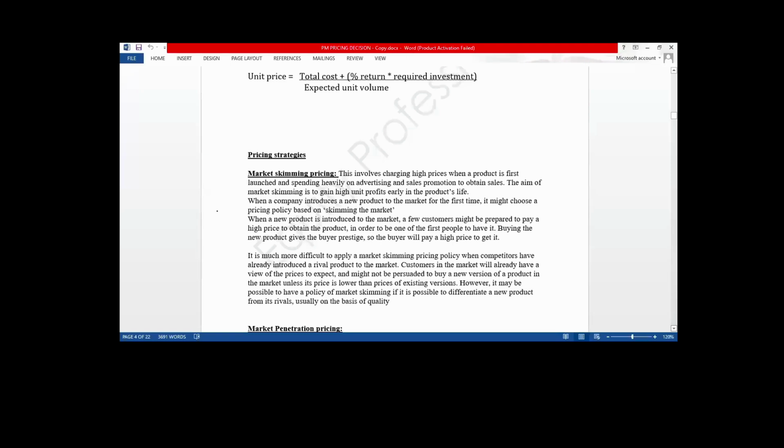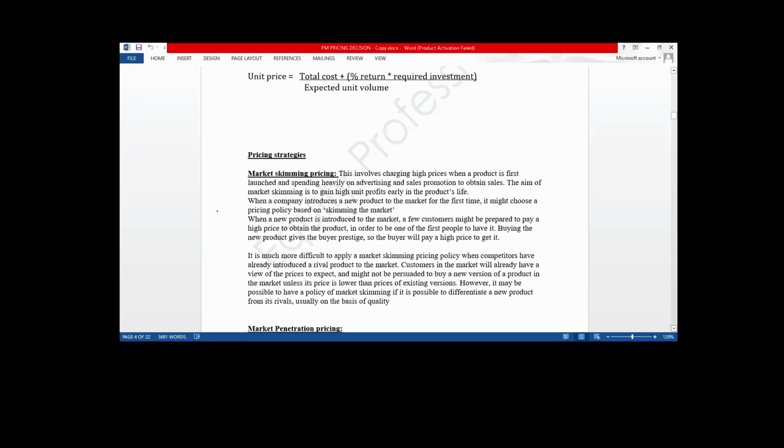Now, for market skimming to be successful, the competitors must not introduce rival products to the market. If you want to charge a higher price for your products, you must be sure that your competitor will not bring in a rival product.